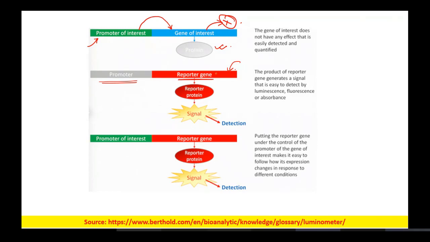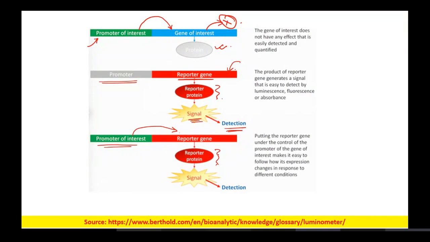Now this reporter gene is able to synthesize a reporter protein which will generate light and which can be detected. If this promoter of interest is activated, it will generate a large number of reporter proteins and it will give an indication that the promoter is getting activated.